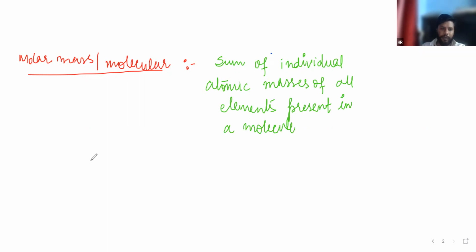If we have NaOH, what will its molar mass or molecular mass be? Just see, the mass of sodium atom is 23, mass of oxygen is 16, and mass of hydrogen is 1, and we add them up, it will be 40 gram. This is called molecular mass or molar mass.